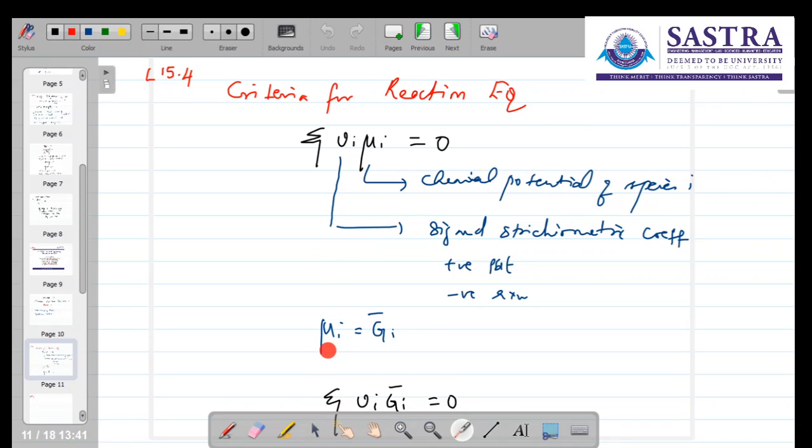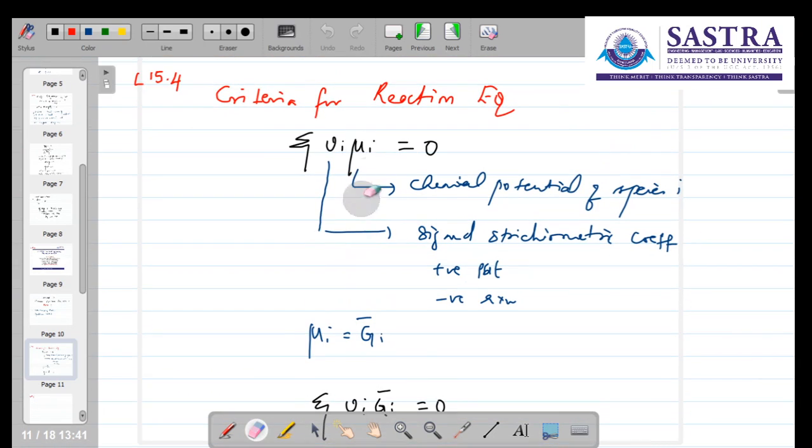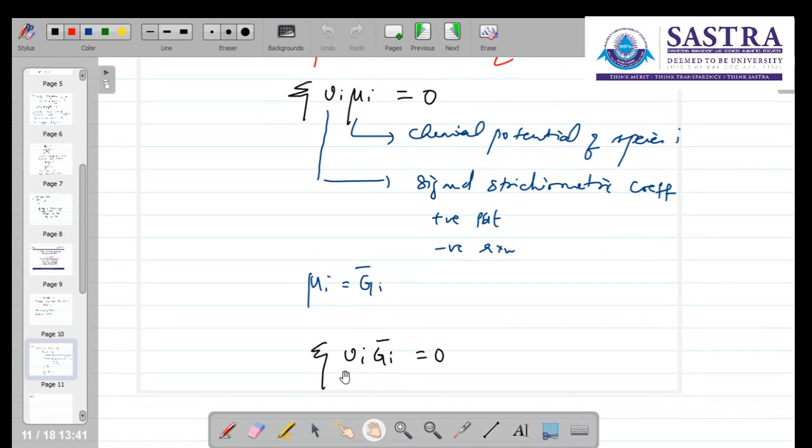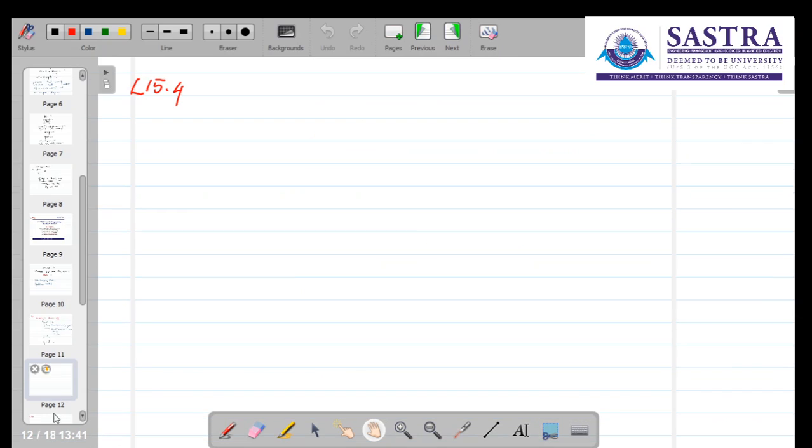The chemical potential of the species in the system is also equal to the partial molar Gibbs energy. So eventually we can rewrite the chemical reaction equilibrium criteria as sigma nu i G i bar equal to 0.